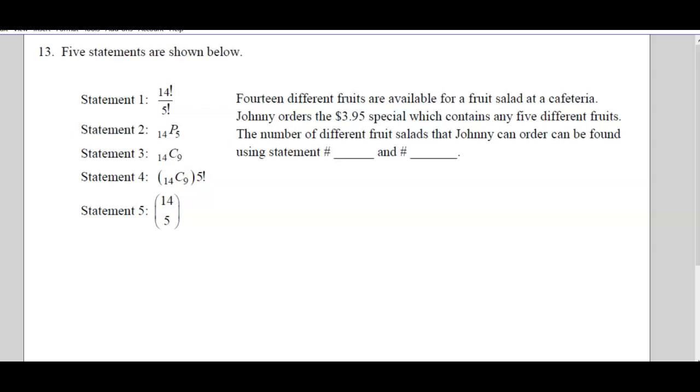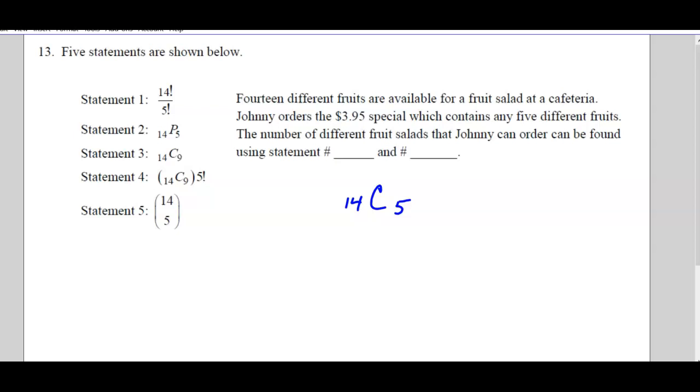So in this case, a fruit salad, the order doesn't matter. Sometimes we might get a question like an ice cream cone and say certain order. You have to have the vanilla on first and then the chocolate or whatever. Order matters. This doesn't. It all gets mixed in together. So 14C5 would be my first instinct, but take a look.